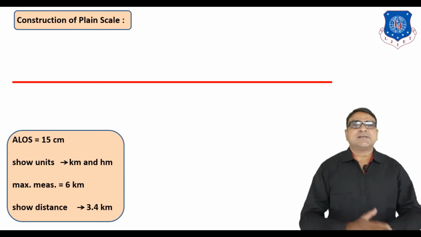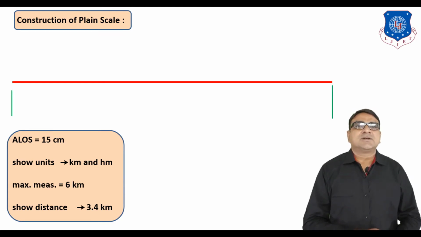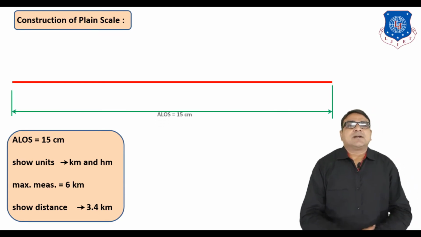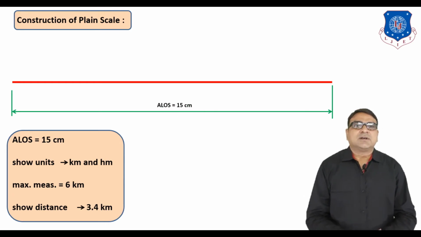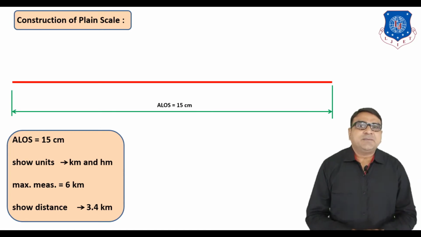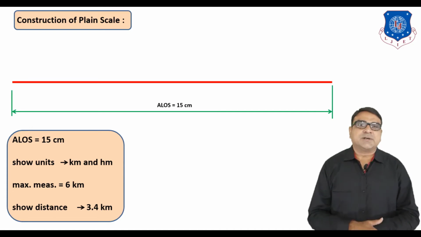So our first stage for drawing the plane scale is to draw one horizontal line of the actual length of scale. Here our actual length of scale is 15 centimeter. This scale represents the maximum measurement, which is 6 kilometer.